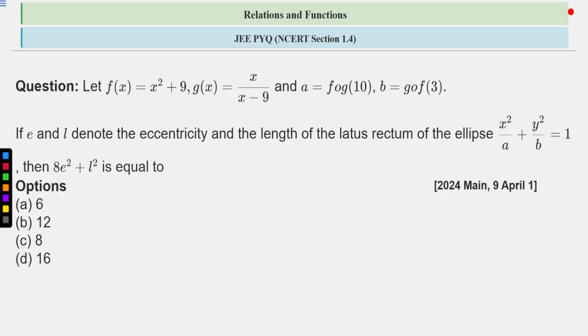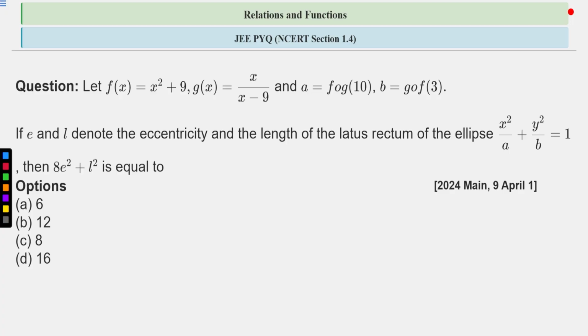So this question is a combination of two concepts, composite function and the ellipse topic. If you don't know any one of the concepts, you will not be able to solve this question in the exam. That's why it is asked. It has been suggested that you need to complete the whole syllabus before going to the exam.